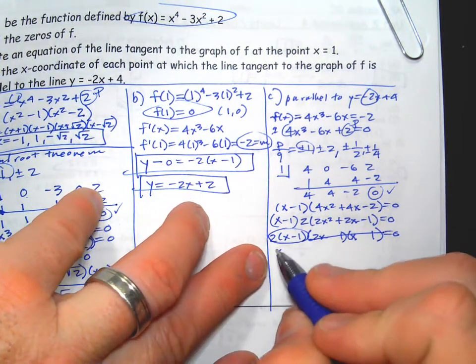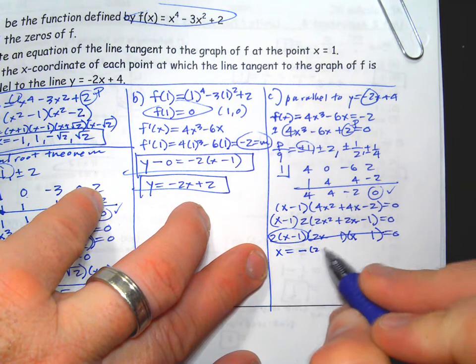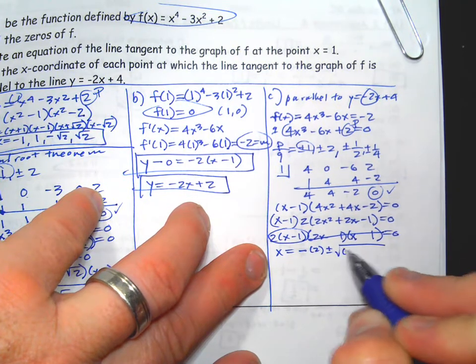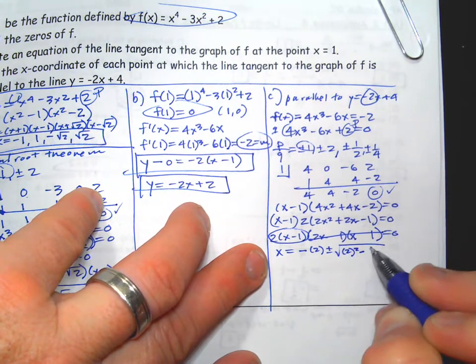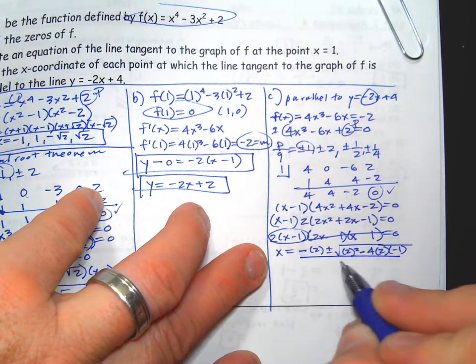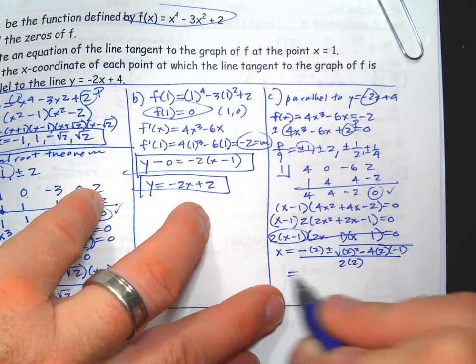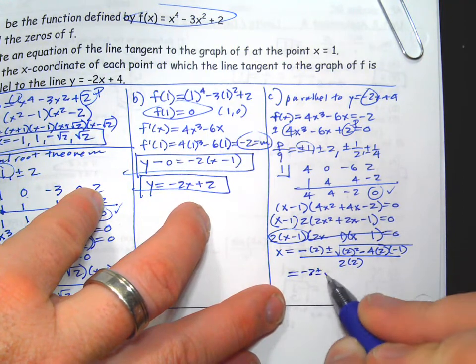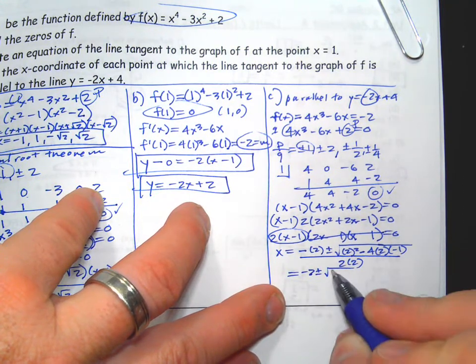for the last one. x equals negative b plus or minus the square root of b squared minus 4ac, all over 2a. So negative 2 plus or minus the square root of 4 plus 8, which is 12.